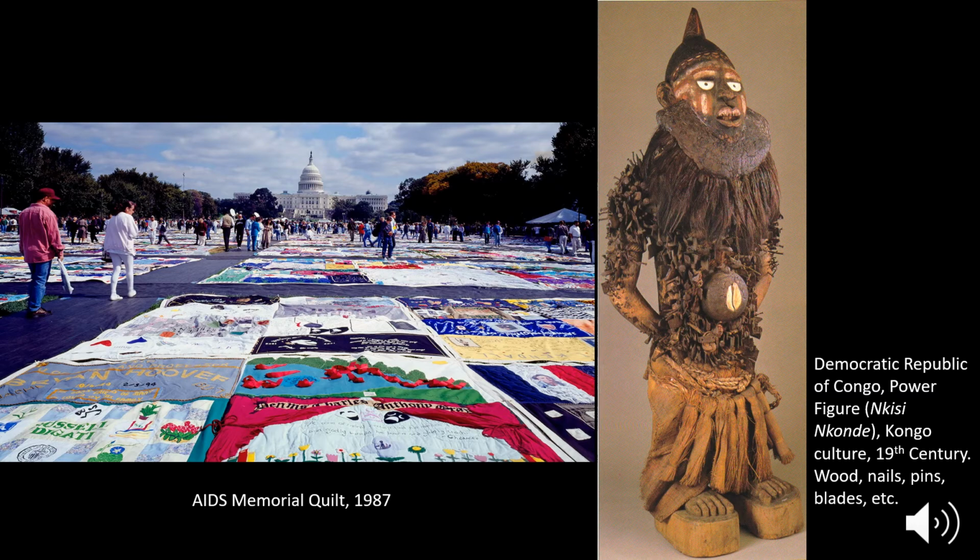Also, and I'm referring now to the object on your right, until a few decades ago, art from non-Western societies, and here you're seeing an incredible object, an ikisi, from the Democratic Republic of Congo from the 19th century, art from non-Western societies like this was typically put under the discipline of anthropology and put into anthropological museums.